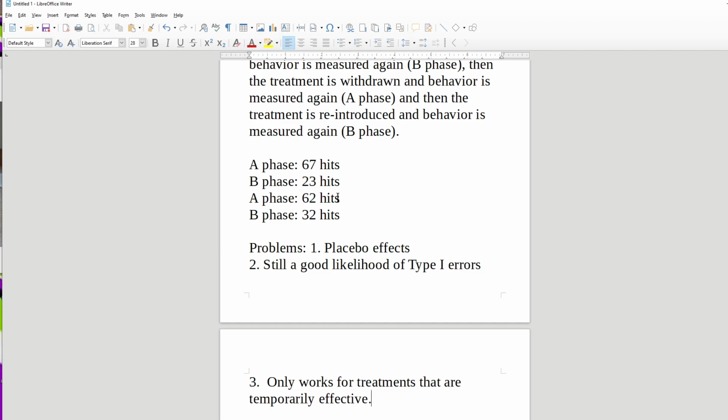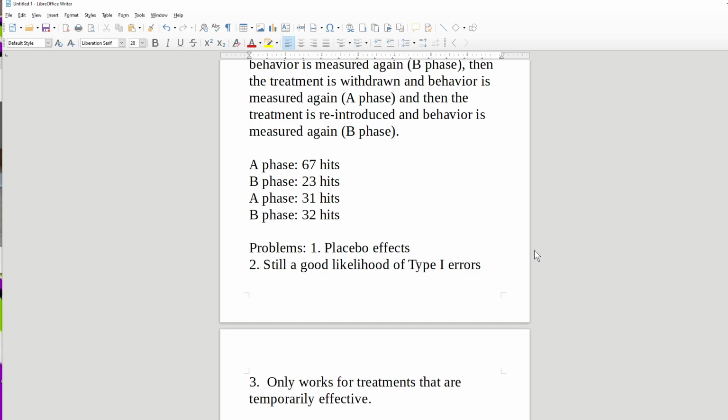And you're not going to conclude the treatment works unless that happens. And so what if you had a really, really good treatment that when you gave the kid the treatment, it permanently fixed him? And so now, let's say now the A phase, instead of 62, now it's like 31 or something, so it's still really low because you permanently fixed the kid with your treatment. Well, you're going to conclude, oh, my treatment doesn't work because this A phase is lower than this B phase here.